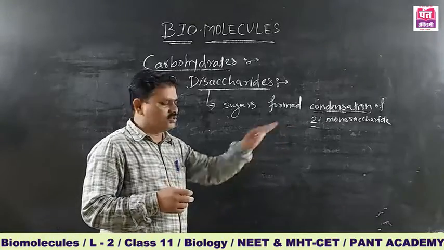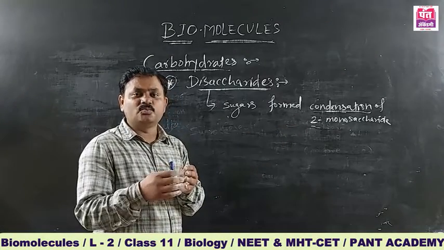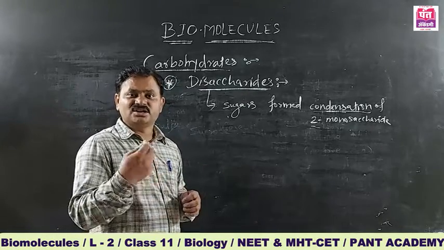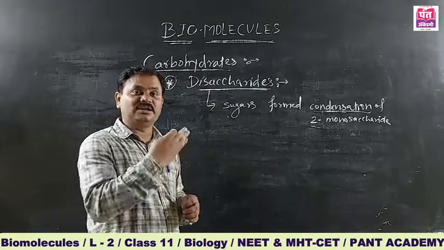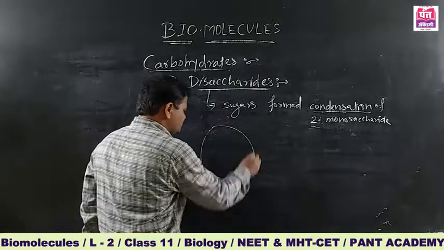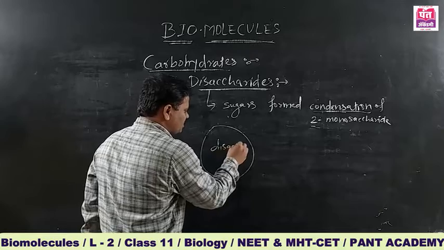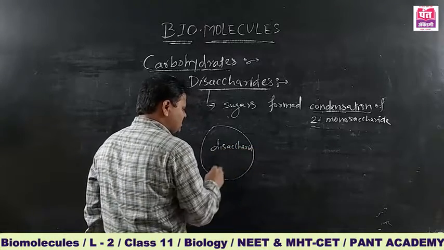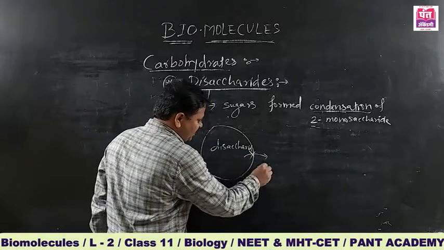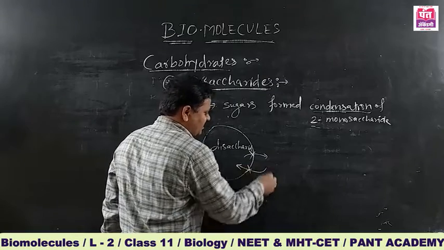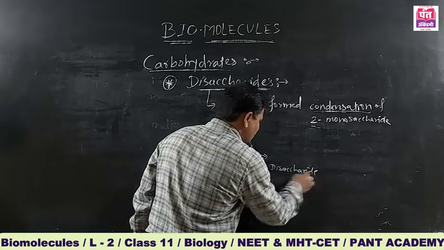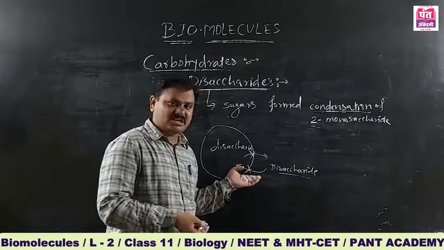So two monosaccharides form a disaccharide, and therefore it becomes a larger structure, comparatively larger, or double the size of a monosaccharide, and therefore when this disaccharide is present within the cell, it cannot pass out of the cell, or it cannot enter into the cell if it is present outside the cell, and therefore they can't pass through the plasma membrane.